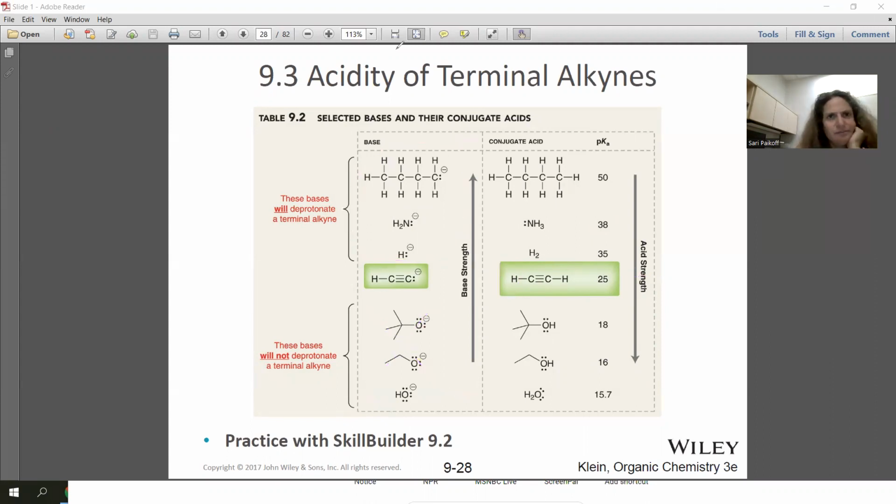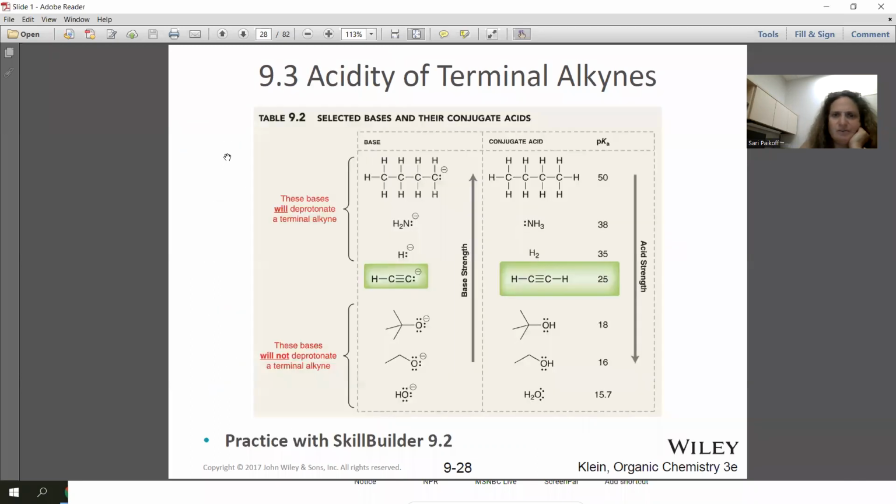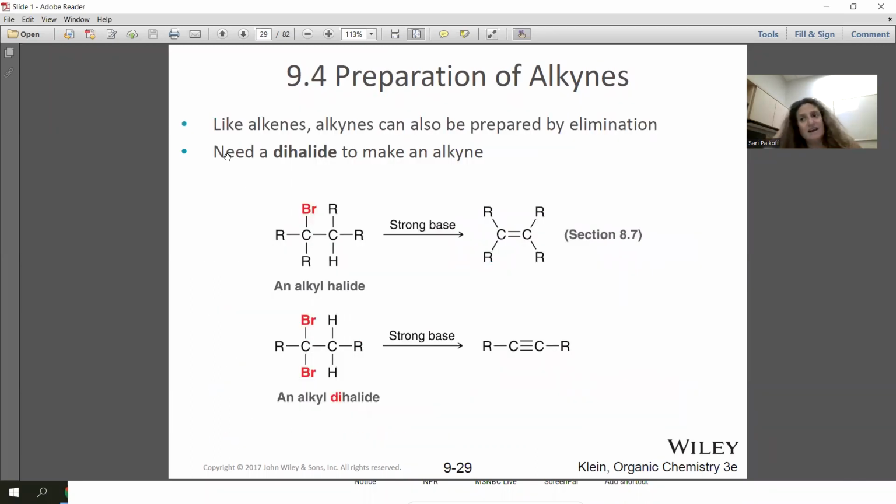Let's go back here. Let's talk about preparation of alkynes. Like I said, we're going to be comparing alkynes to alkenes. So the only way we know how to make an alkene is through elimination. We're going to learn other ways later in Orgo 2, but for right now, it's elimination.